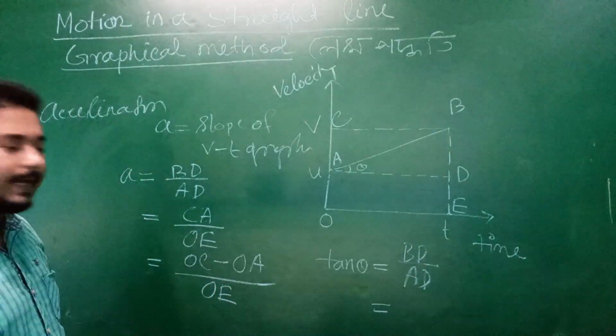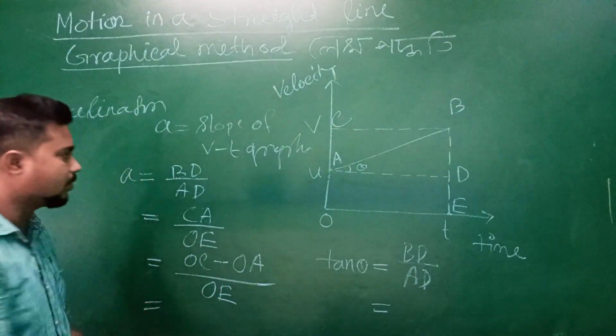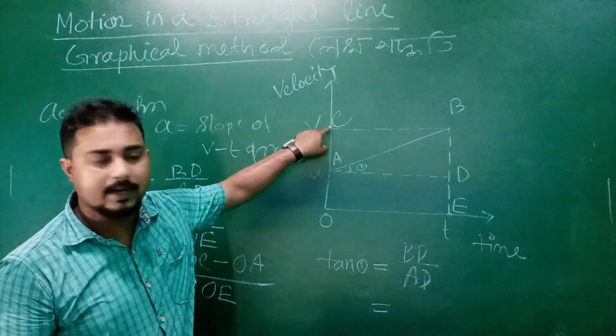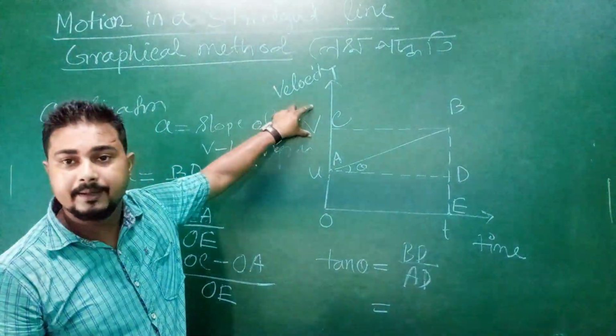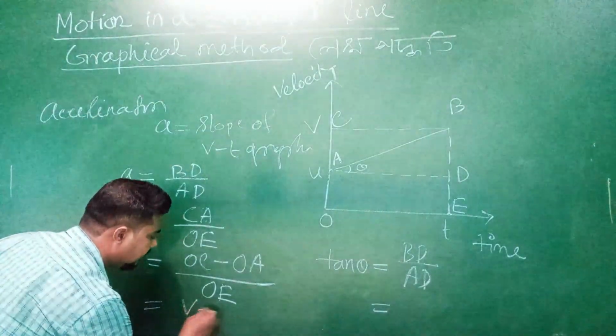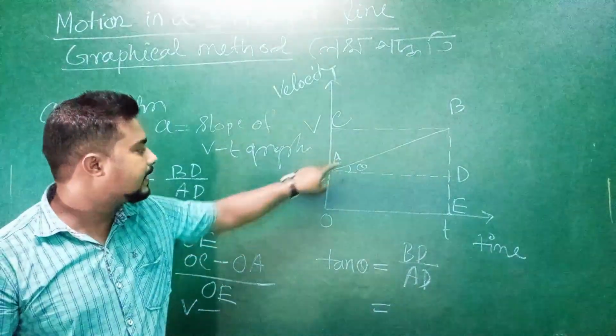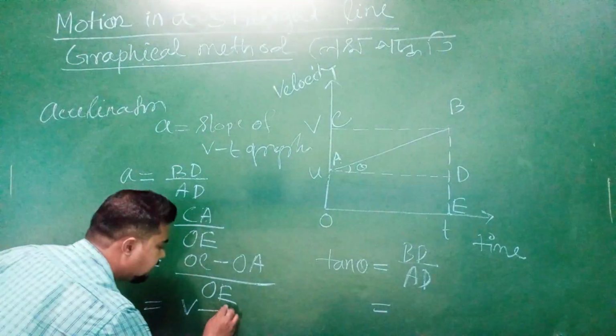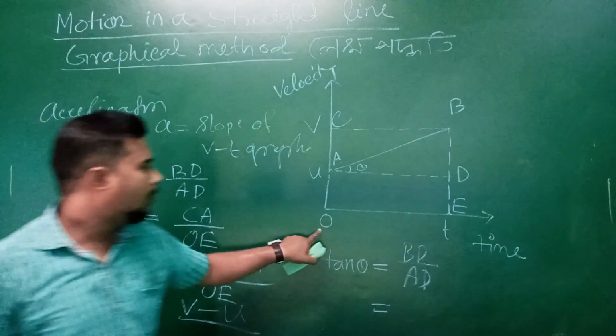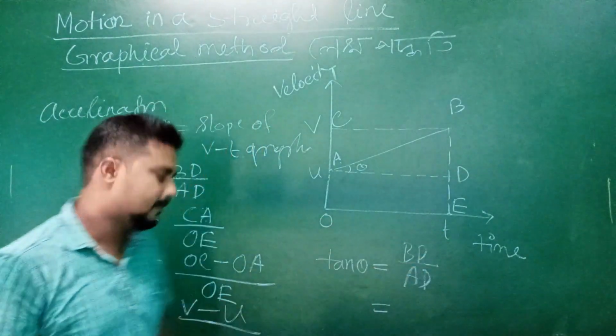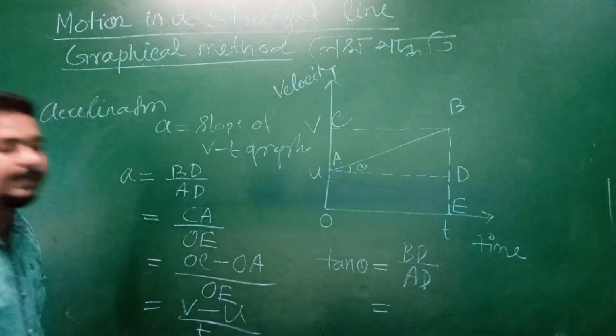OC is V, OA is U, so it is V minus U. OE is the time T. So it is V minus U by T.